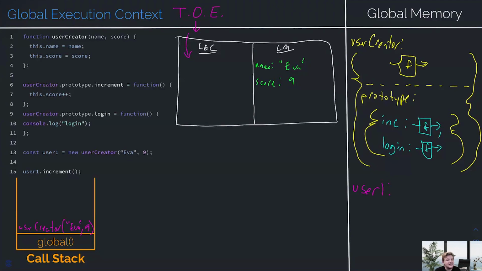So in the default case, that is the global execution context, the global scope. And that's not what we want. We're not trying to work with this big global object. We know that we never want to be polluting our global namespace with variables like name and score in this case. We want the name and score to be locally scoped to a particular user object.